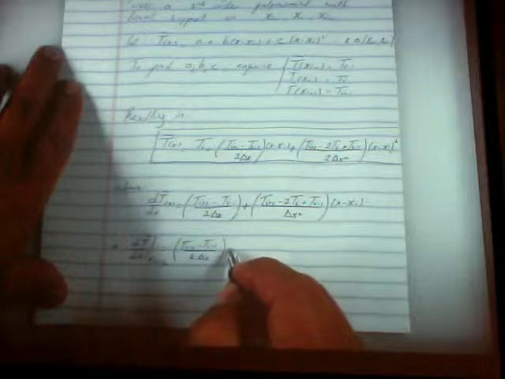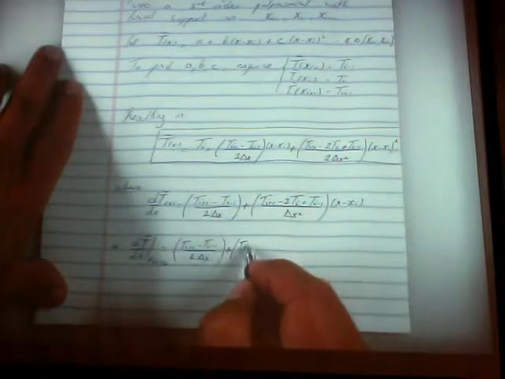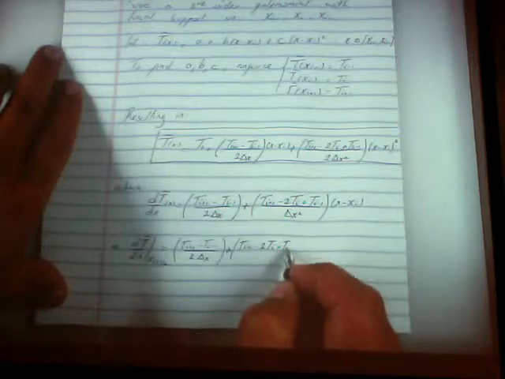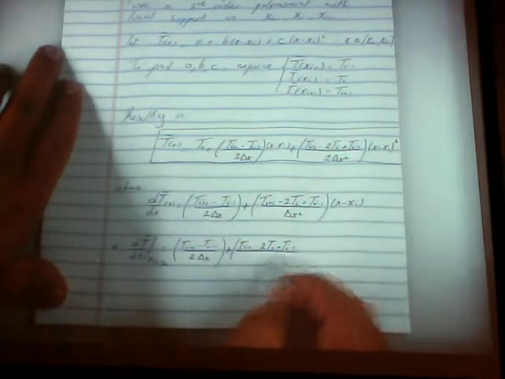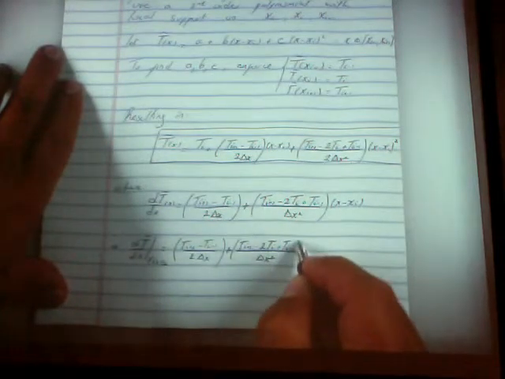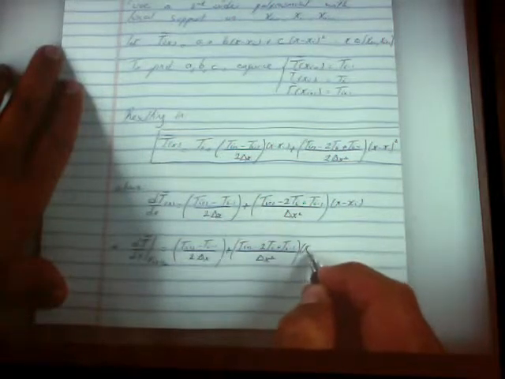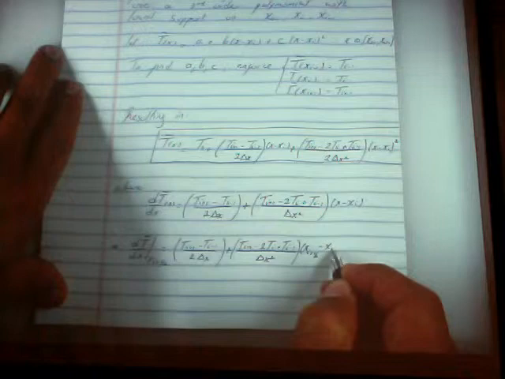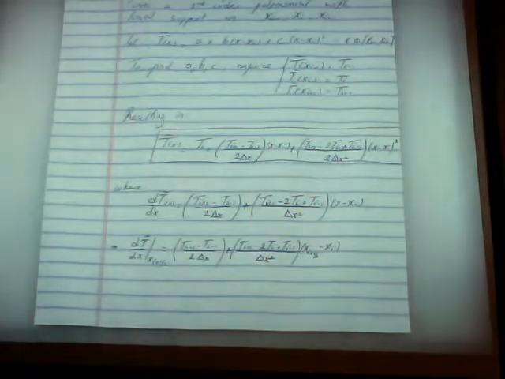And this will be (T_{i+1} - 2T_i + T_{i-1}) over delta x squared times (x_{i+1/2} - x_i). What is x_{i+1/2} minus x_i?